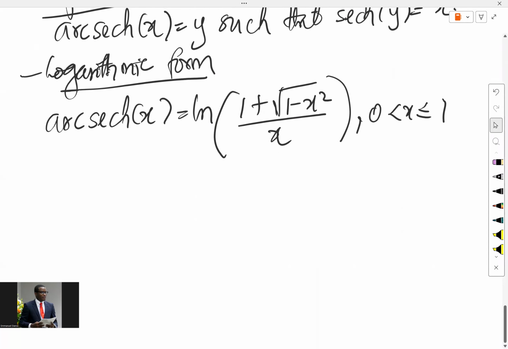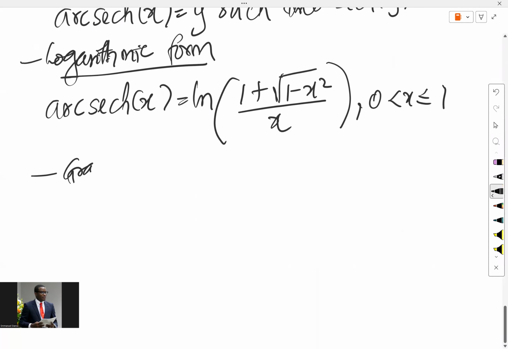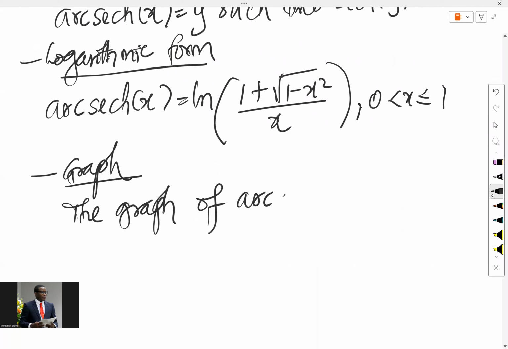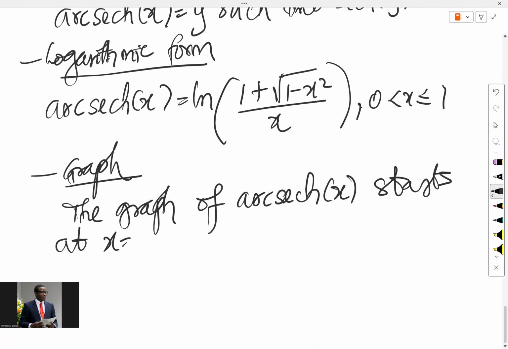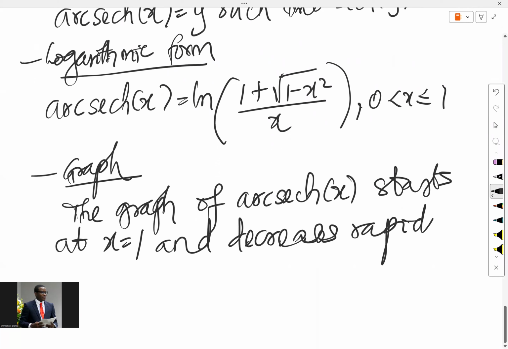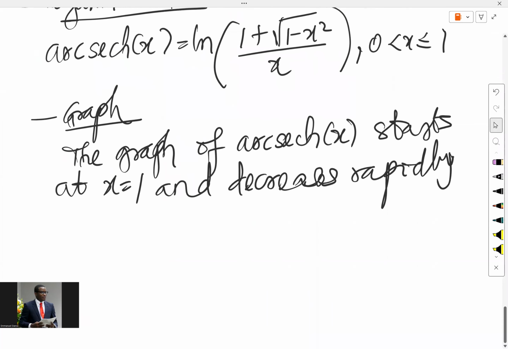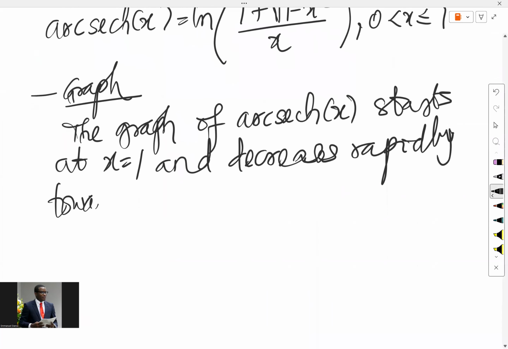And then talking about the graph of arcsech x: it starts at x equals 1 and decreases rapidly towards 0 as x approaches 0.